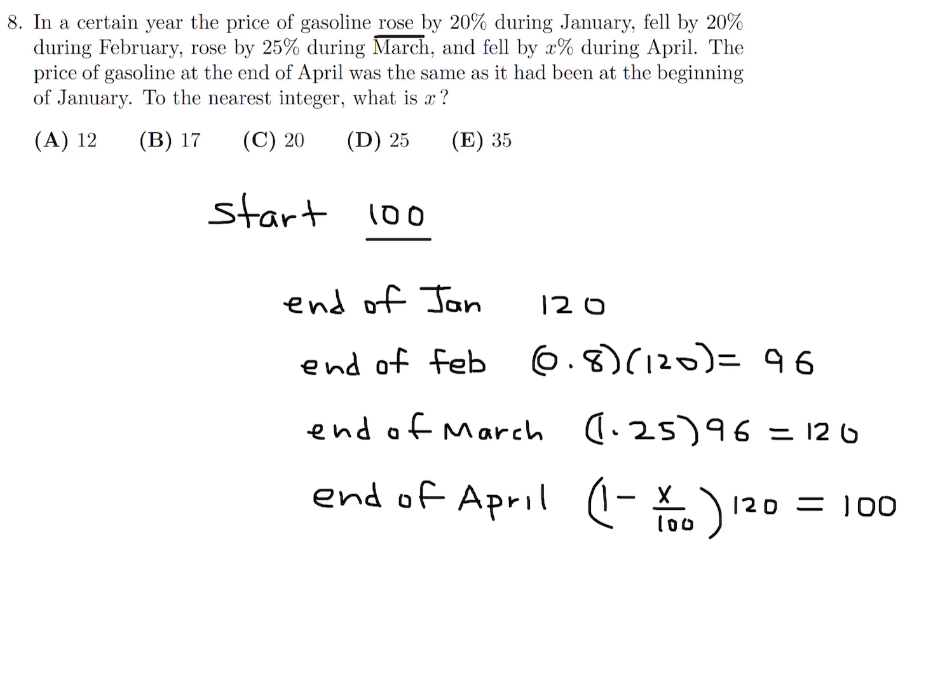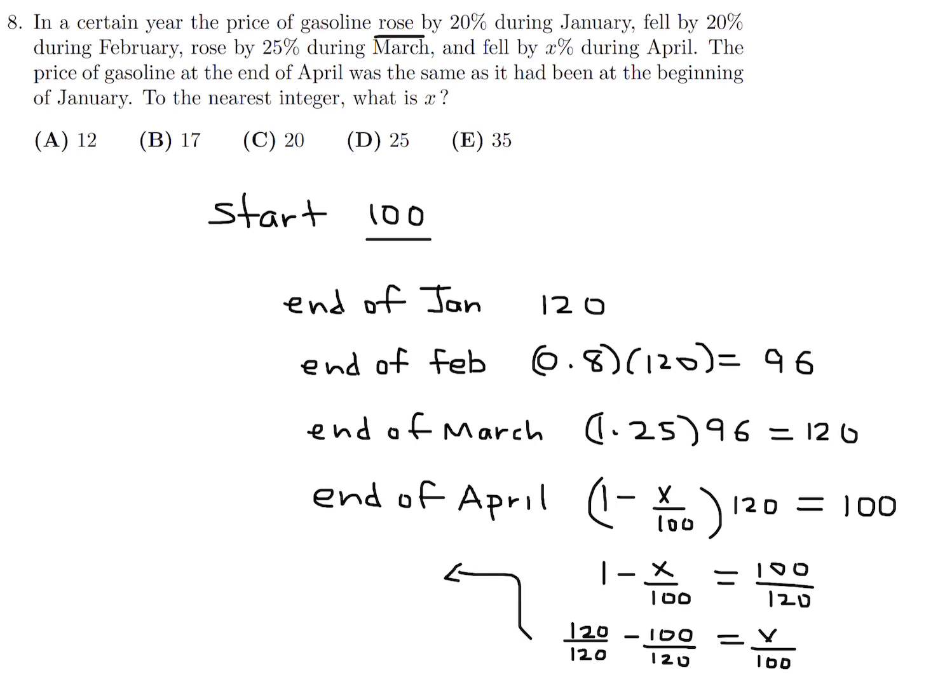All right, no problem. 1 minus x over 100 is going to be 100 over 120, like that. And then, therefore, x over 100 is going to be 1, which is 120 over 120, and then minus 100 over 120.